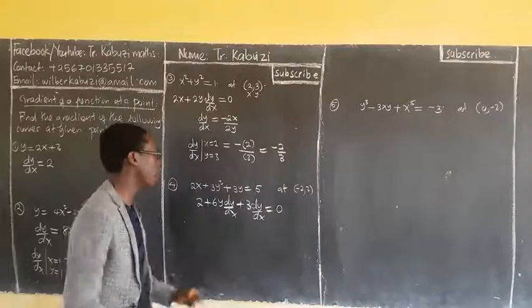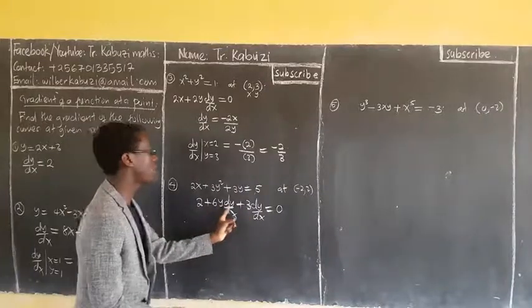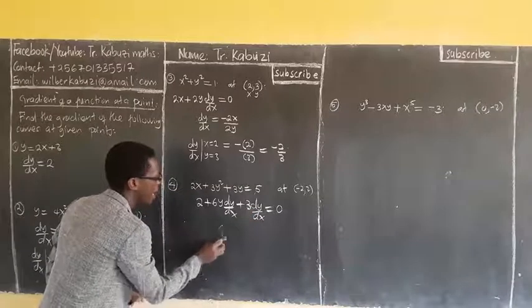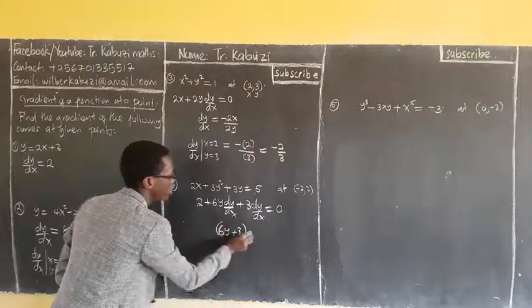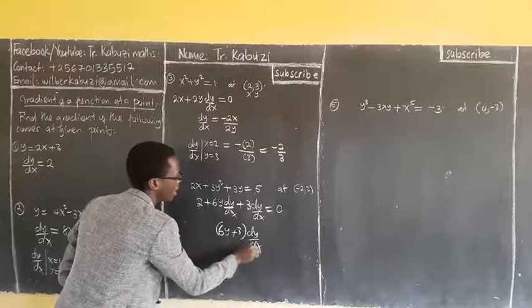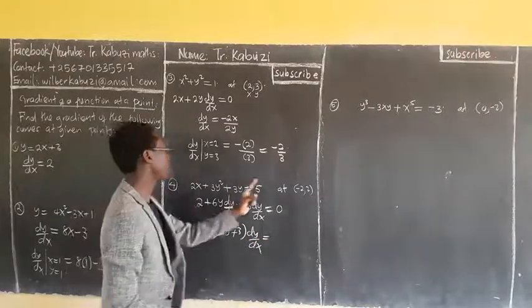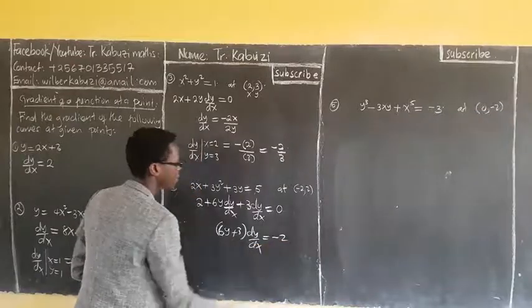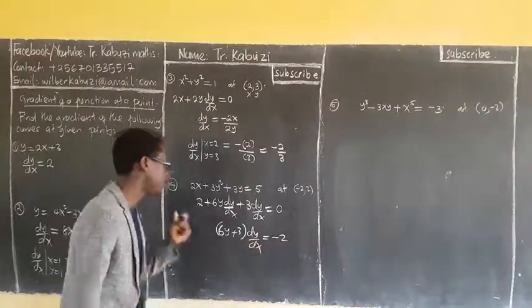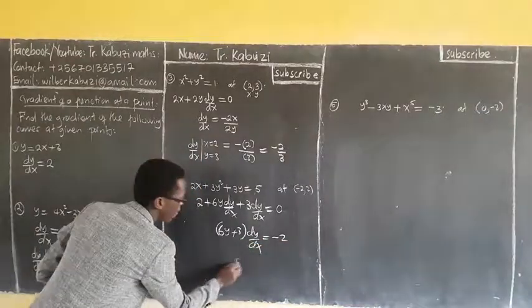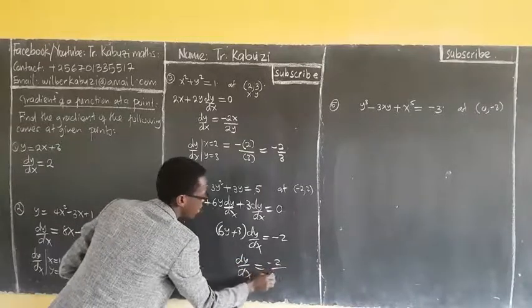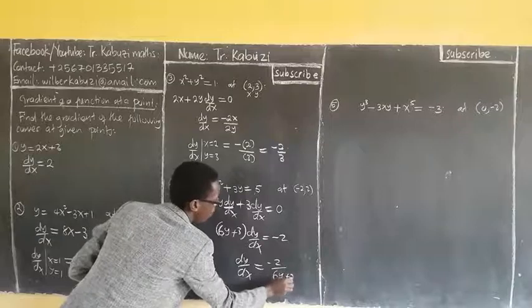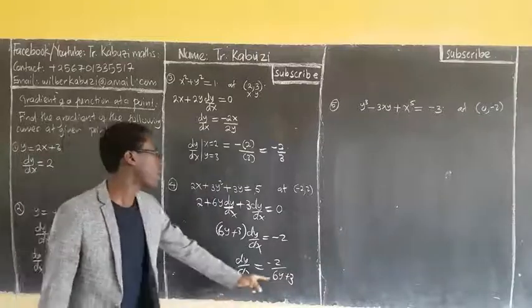I take the 2 to the other side and factorize out dy/dx. So I have (6y plus 3) times dy/dx equal to, when I take this to the other side, negative 2. I divide through by this, so dy/dx will be negative 2 over 6y plus 3. This is now my gradient.